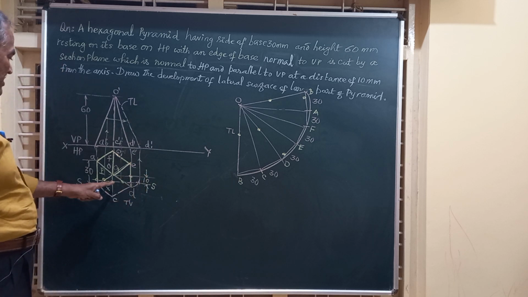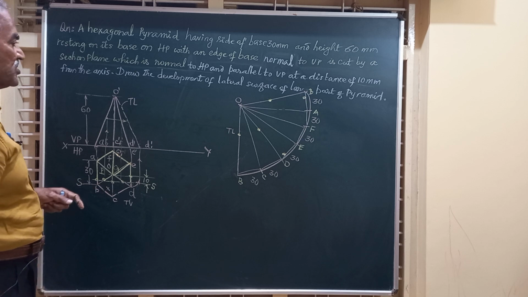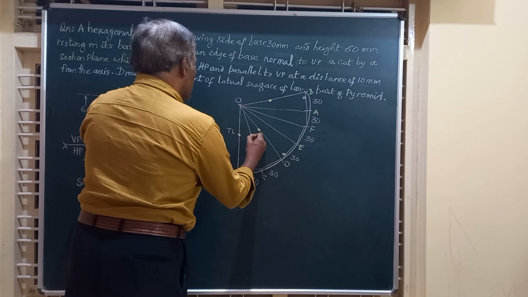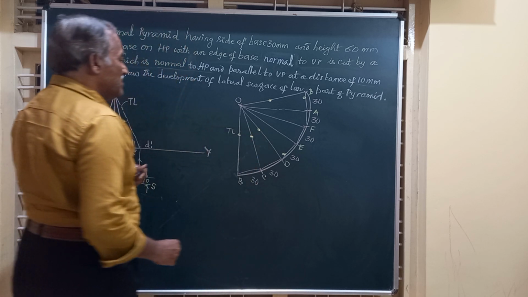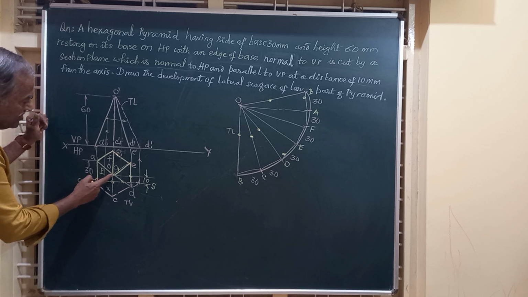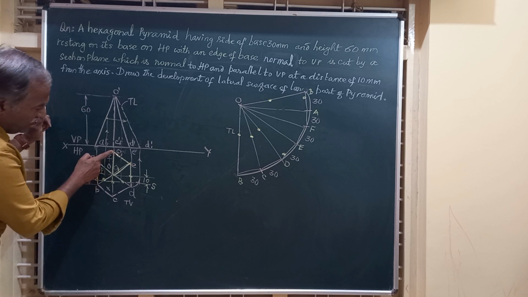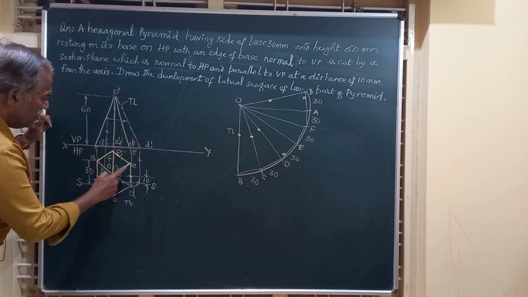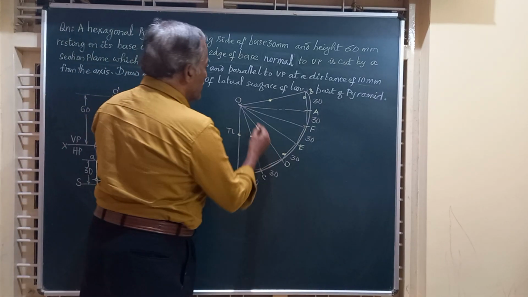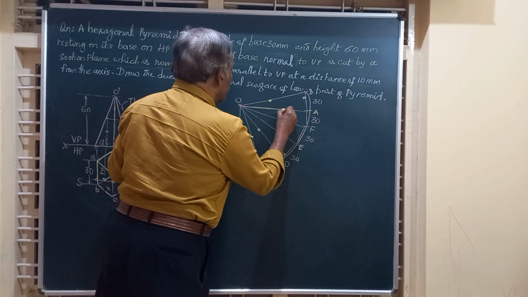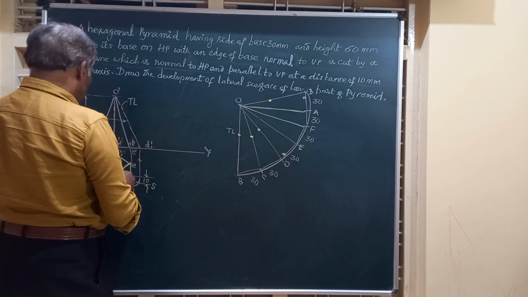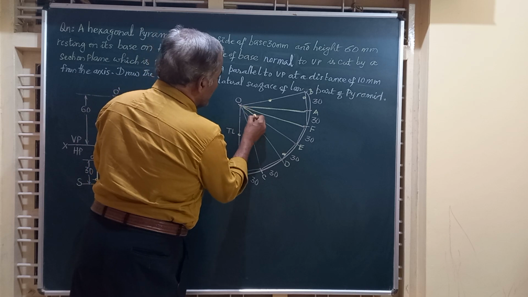So we can mark this point on OC. Apart from this, the slant edges OA, OF and OE are completely available. OA is a dotted line, OF is a full line, and OE is also a full line.